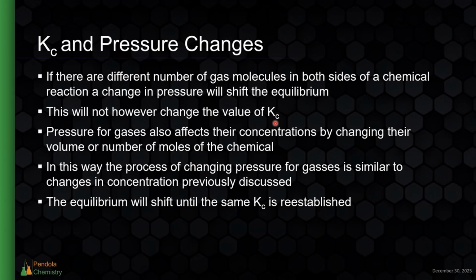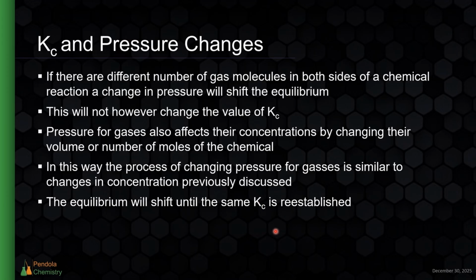Both of those not only change the pressure of the gas, they also change its concentration. And so the equilibrium is going to change, just like we saw with concentration, to reestablish that Kc. Because when we change the pressure of a gas, we're also changing its concentration, and so the equilibrium needs to shift to reestablish the concentrations so that they're equal to the same Kc.